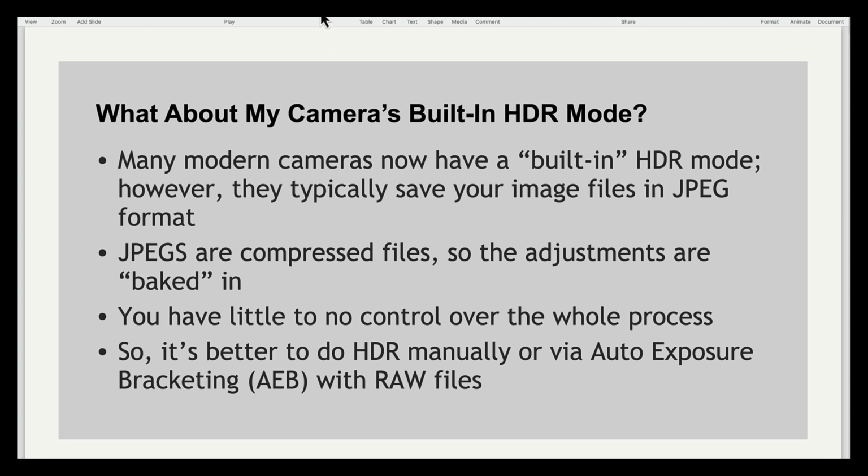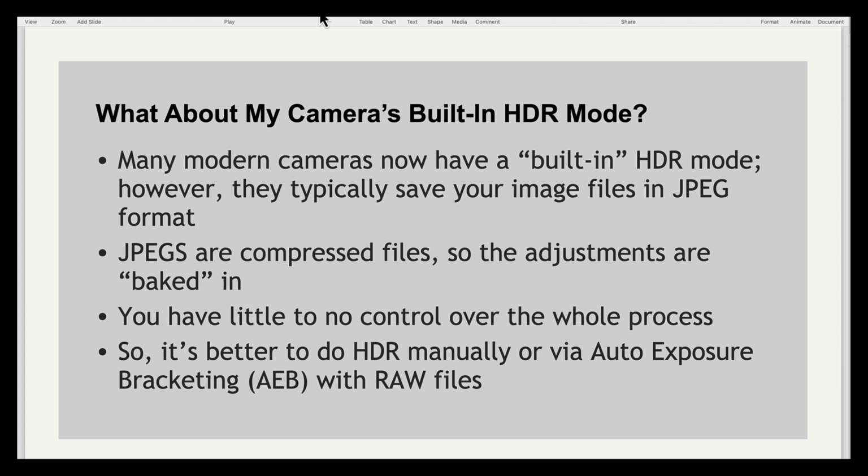You might also have seen that if you have a more modern camera, it does have the capability to create an HDR image in camera. It's essentially a built-in HDR mode. However, with most cameras in that mode, you're essentially creating images that are in JPEG format.